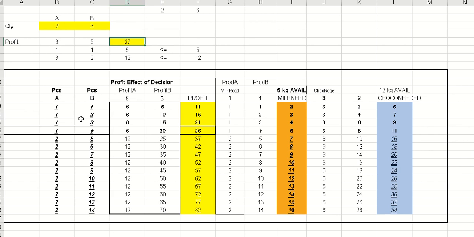So by trial and error, we are what we refer to as satisficing. We satisfy.